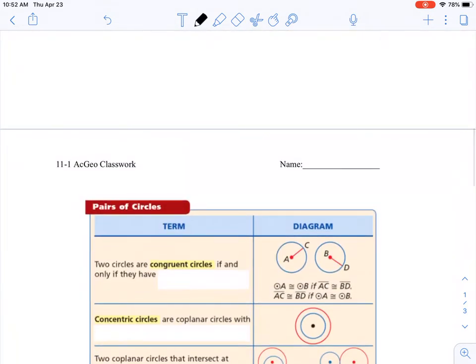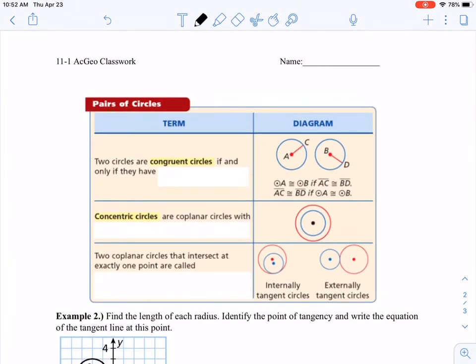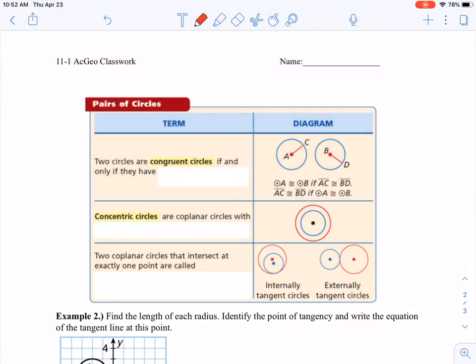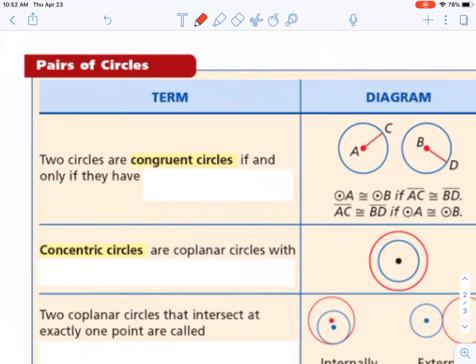All right, moving on. Looking at pairs of circles, two circles are congruent circles if and only if they have congruent radii.